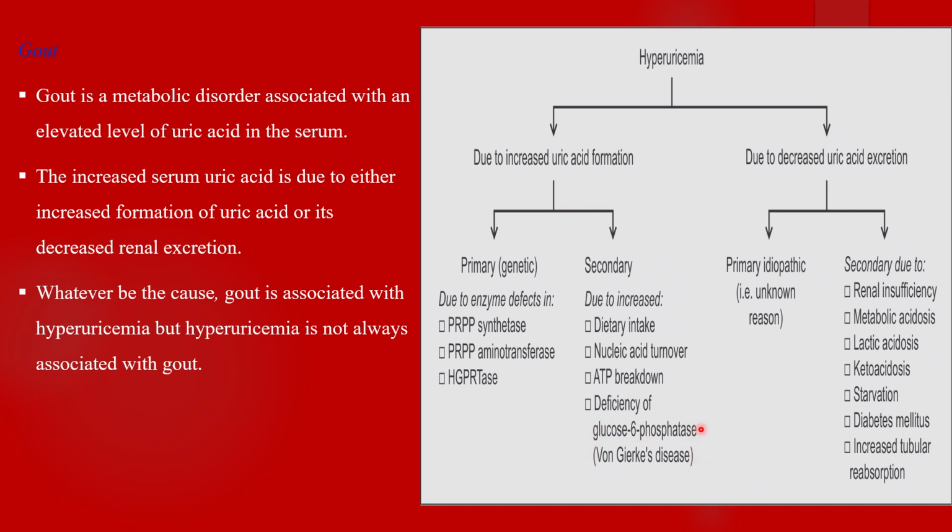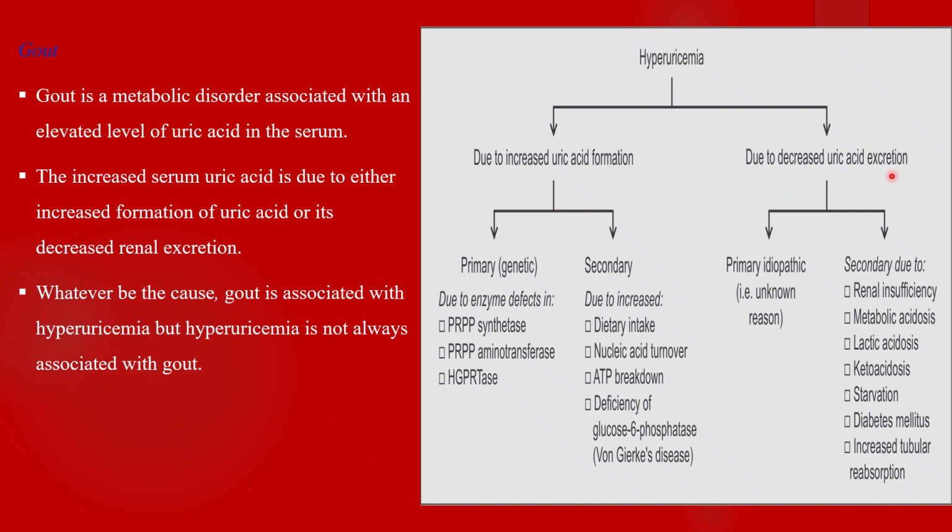So there is accumulation and fatty liver disease, and this condition is Von Gierke's disease. There is a lot of accumulation of glucose 6-phosphate, and it is diverted to the synthesis of ribose 5-phosphate via the HMP shunt. This is how it can come in the secondary cause.